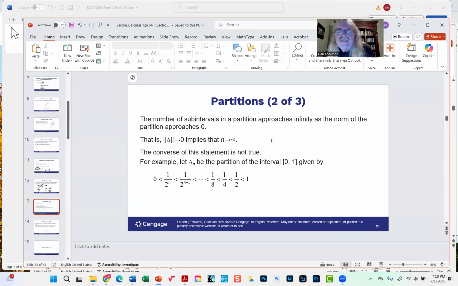And as the norm approaches zero, as you can imagine, the number of subintervals or rectangles approaches infinity.